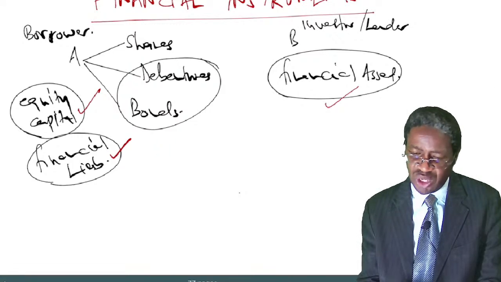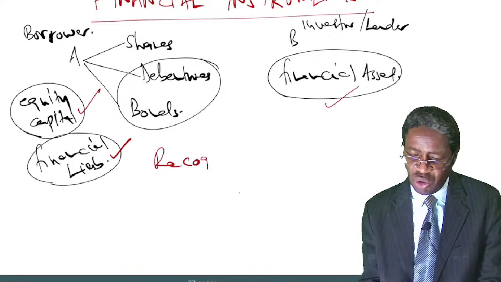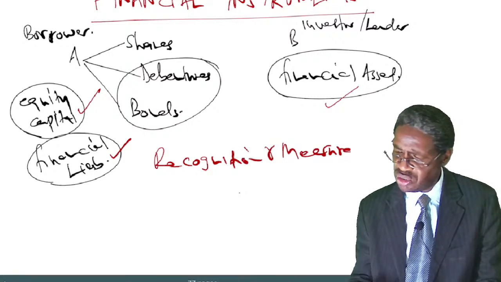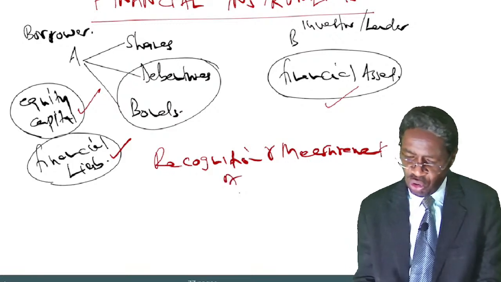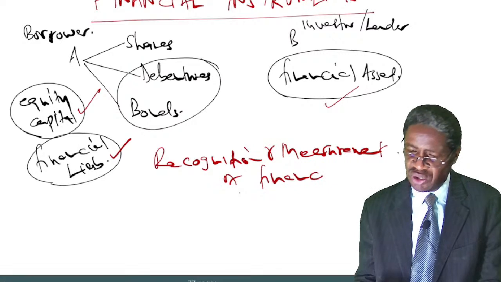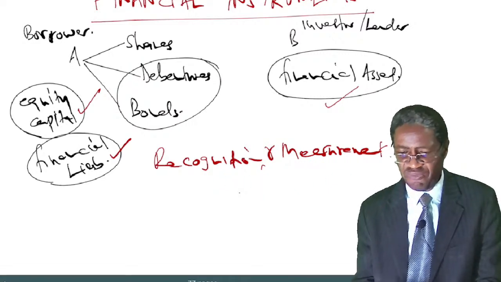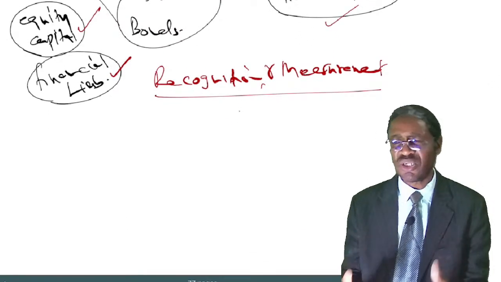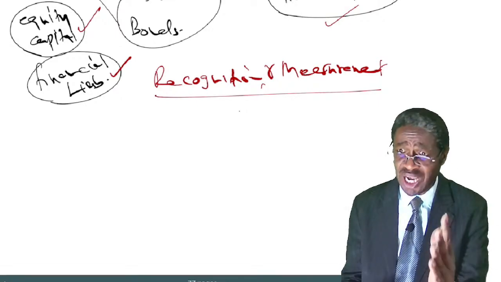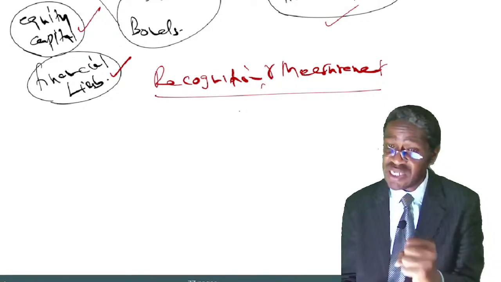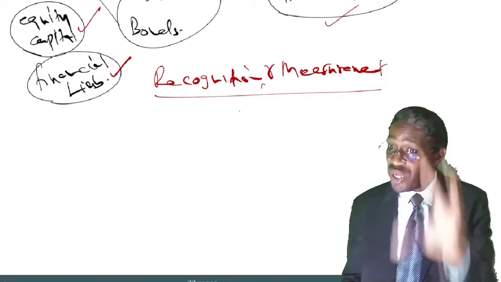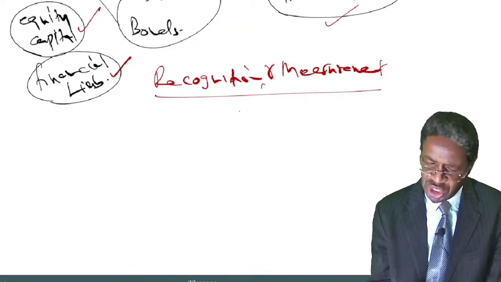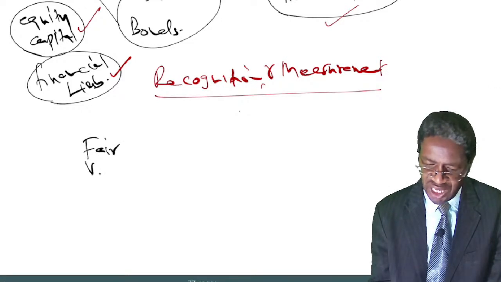So we want to talk about what we call, don't write this, recognition and measurement of financial instruments. How do you recognize them? Now listen. All financial instruments, whether it's a financial asset or a financial liability, whether to the borrower or to the investors, all of them should be measured at their fair values.